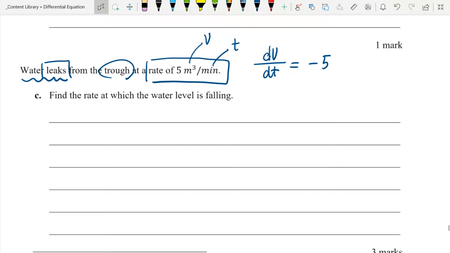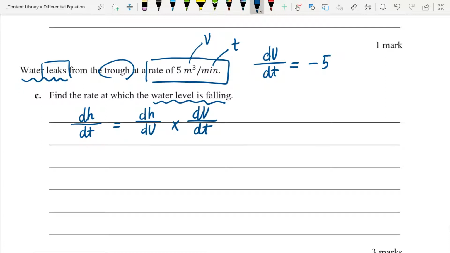All right. And find the rate at which the water level is falling. When we didn't say with regard to which one, we are talking about dH/dt, because it's always compared to time. And because we talk about the volume and height before, we know this is a related rates of change question.